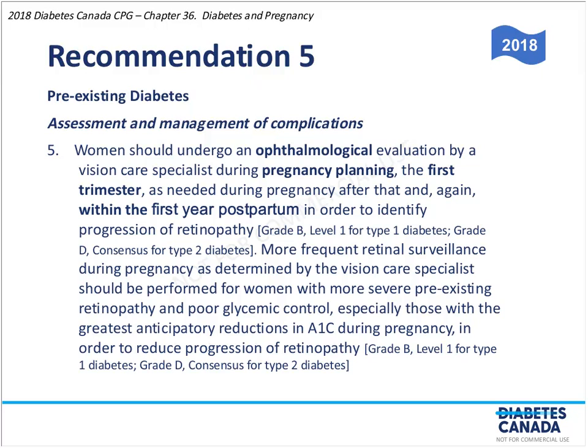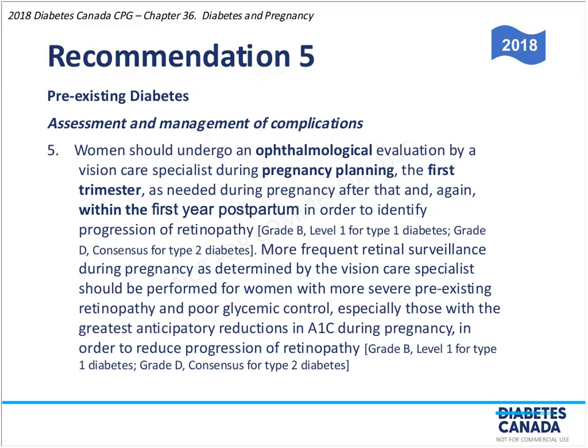So as far as the microvascular screening, ideally women with type 1 and type 2 diabetes would have an eye exam preconception, and ideally, again, in the 1st trimester, PRN thereafter during pregnancy and within a year of delivery, simply because diabetes may accelerate development and or progression of diabetic retinopathy.